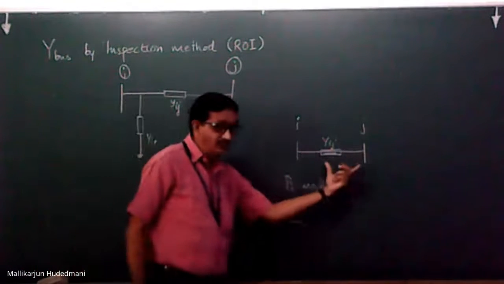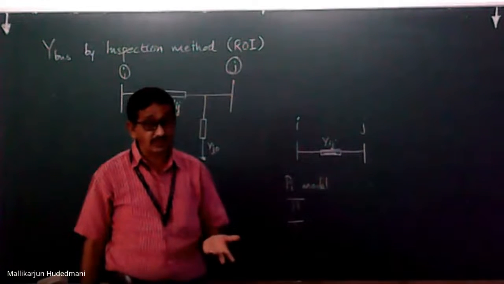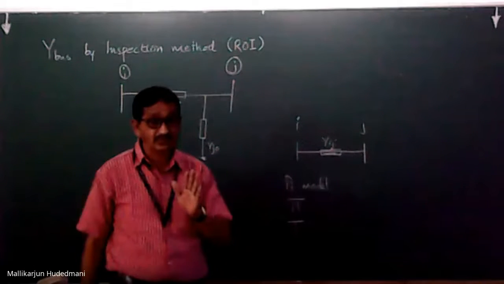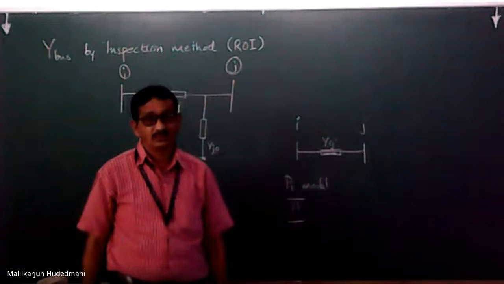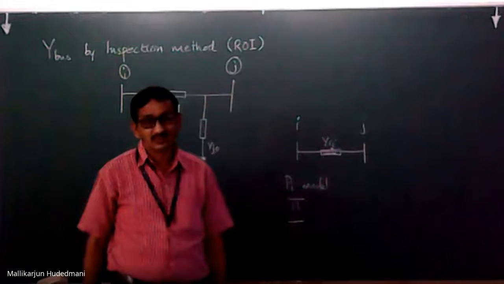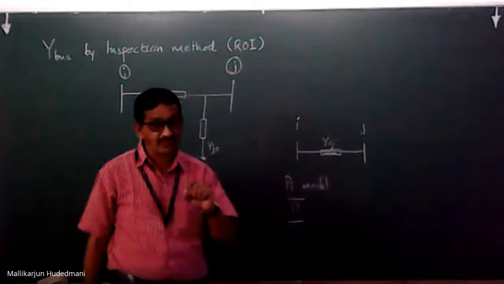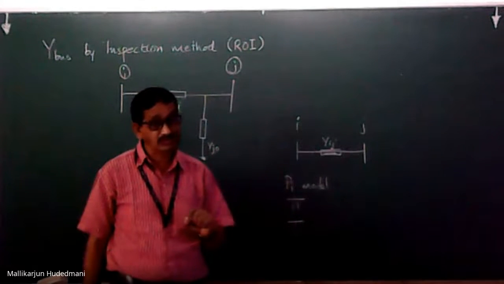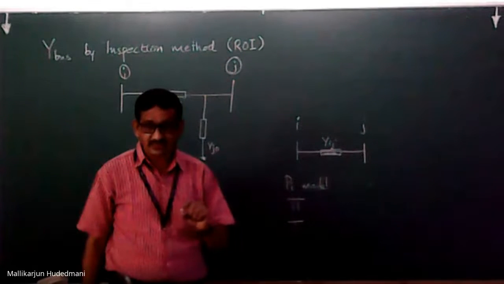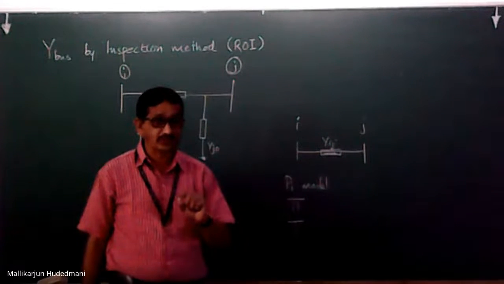Then the transmission line need not be like this all the time. If the transmission line is a long or medium transmission line, an appropriate mathematical representation is necessary. The mathematical representation justifies the quality of your work, because this Y-bus, once it is framed, is kept in the computer of an energy control center and used for several calculations: load flow study, short circuit study, stability analysis, or any other contingent issues related to power system operation and control.